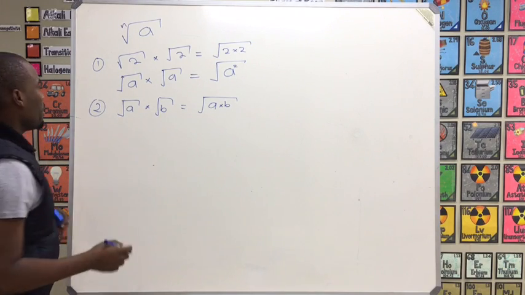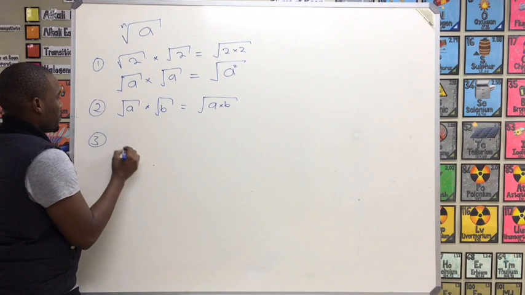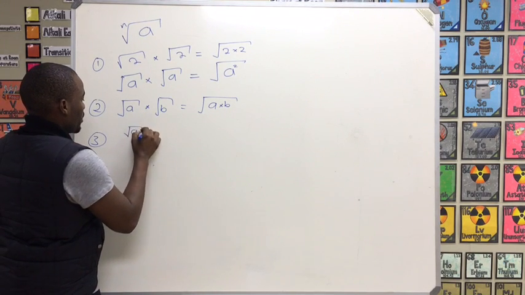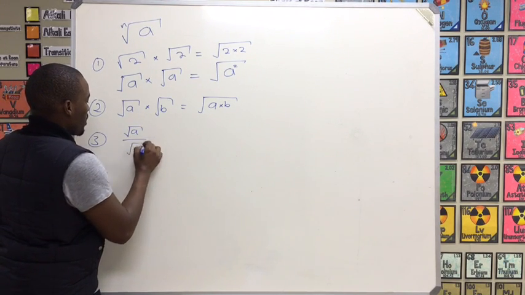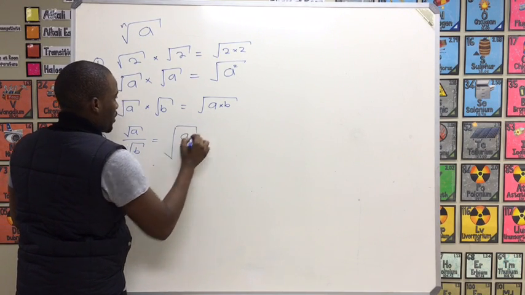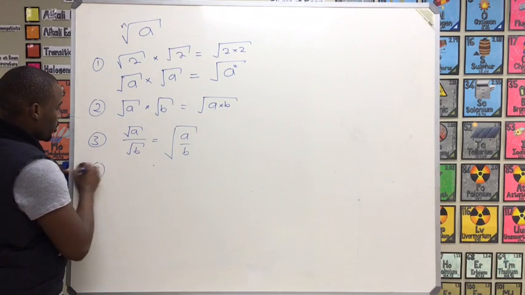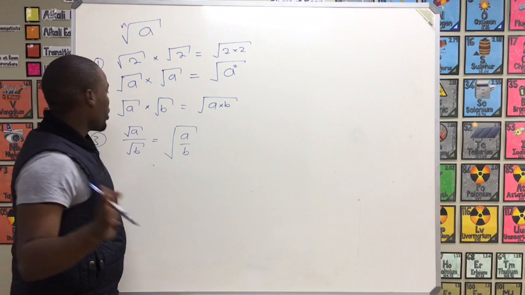Makes sense. Okay, and then we can do the same thing with division. So if I had root A divided by root B, that would give me the root of A over B. Yes?